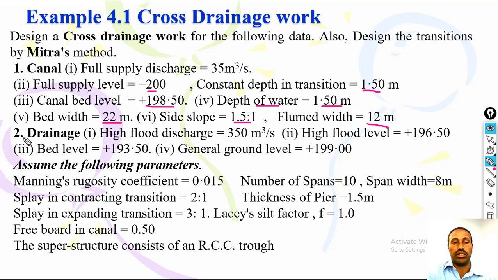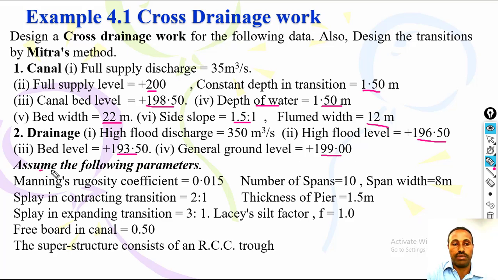Then the drainage data. The high flood discharge is 350 cubic meters per second, which is 10 times the canal discharge. The high flood level is 196, bed level 193.5, and you have the general ground level. Based on the relative levels of the canal and drainage, you can select the type of CD work.